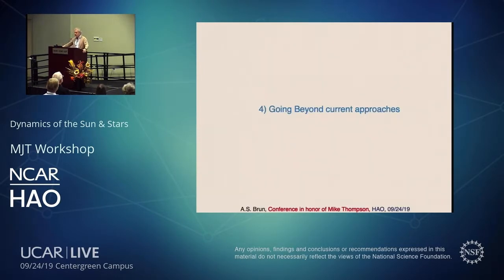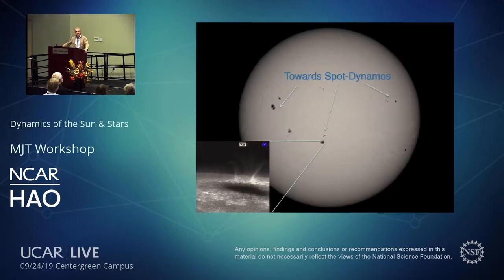I'm going to skip the conclusion. I just want to say a little bit about going beyond current approaches. As Yuri said, maybe we also want to offer some perspective. There is a problem in all these very nice simulations that I just showed you: we don't have any sunspots. So I've started calling that the sunspot dynamo paradox. We are able to reproduce very nice cyclic dynamo solutions, but we have no sunspots in our solutions.